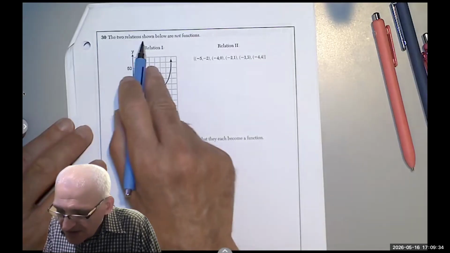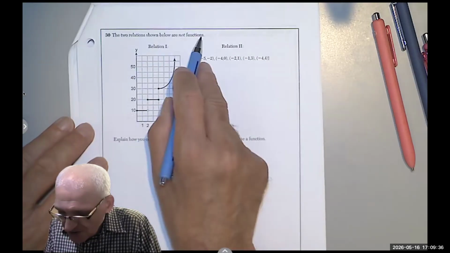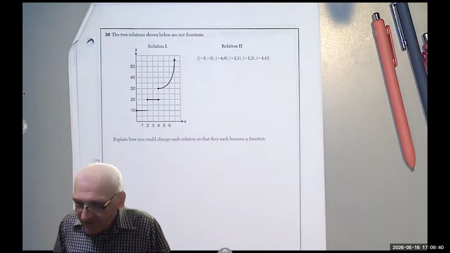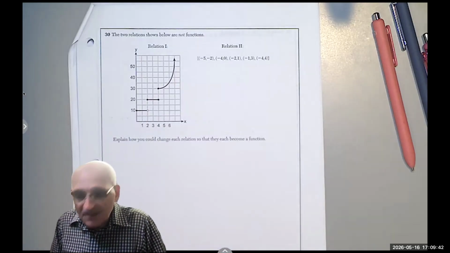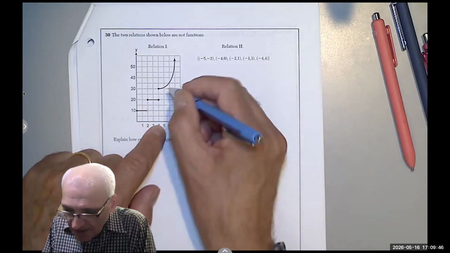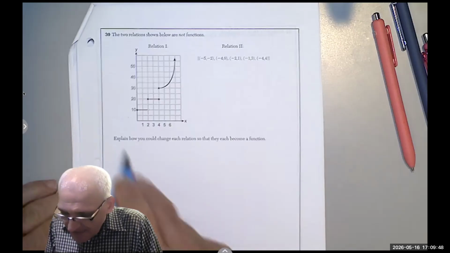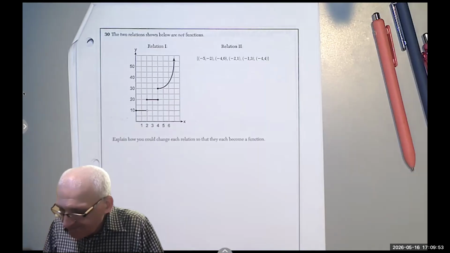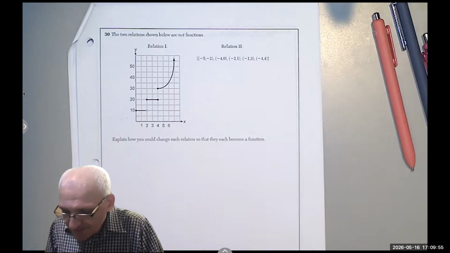The two relations shown below are not functions. This relation, why isn't it a function? Yes, because if I say x is 4, I have two values for 4, 20 and 30. Explain how you could change each relation so that they each become a function.